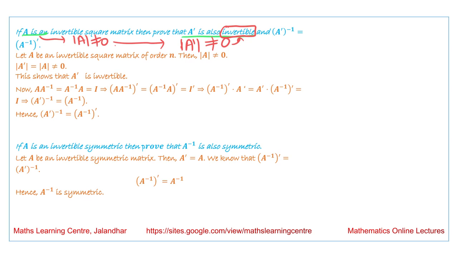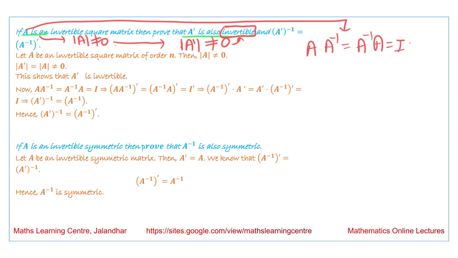Now, if we have to calculate the inverse, we are talking about A into A inverse, that is equal to A inverse into A, that is equal to I, because it is given that A is invertible.